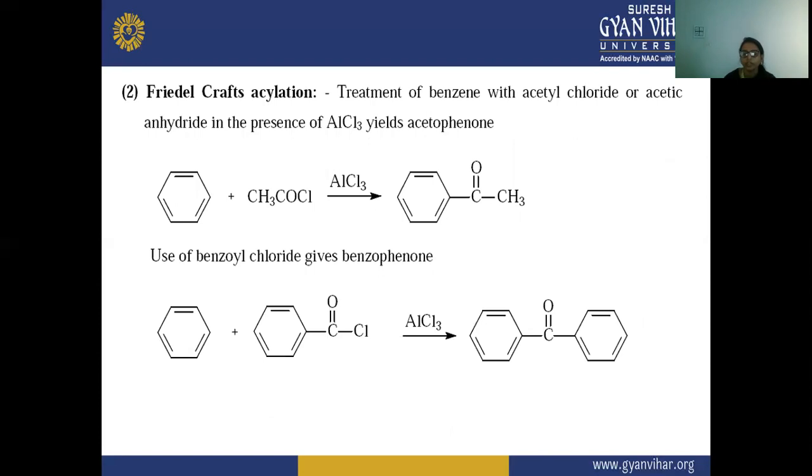Next is your Friedel-Crafts acylation. So in your Friedel-Crafts acylation, we are treating the benzene with acetyl chloride or acetic anhydride in the presence of AlCl3, that is yielding your acetophenone. So here the treatment of benzene with acetyl chloride or acetic anhydride in the presence of aluminum chloride, that is your Lewis acid catalyst, is yielding acetophenone.